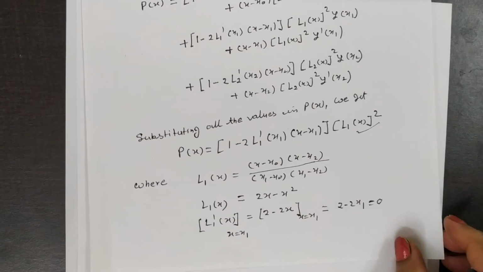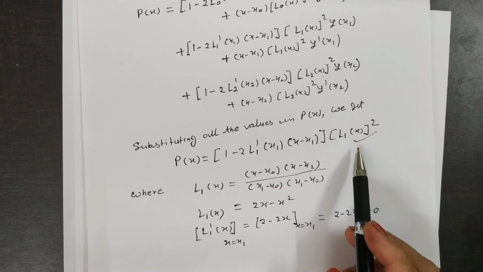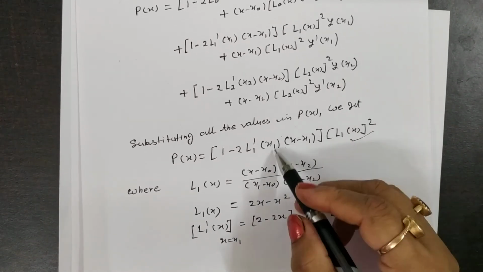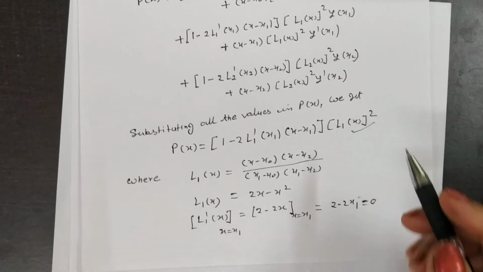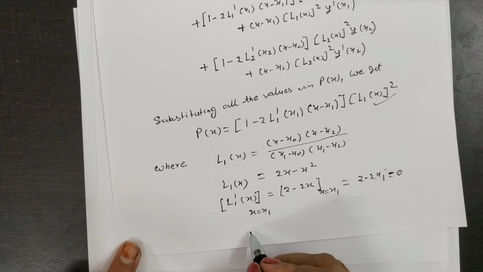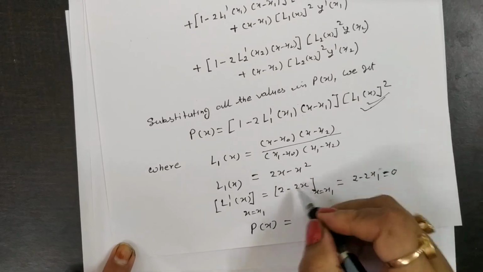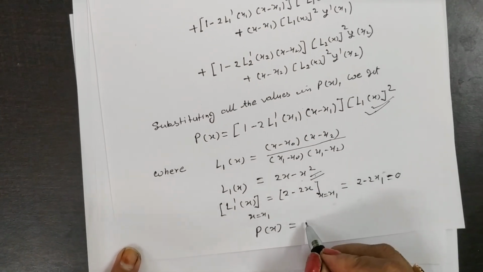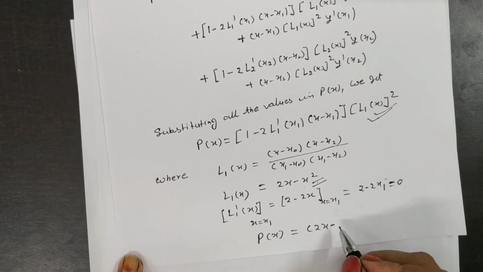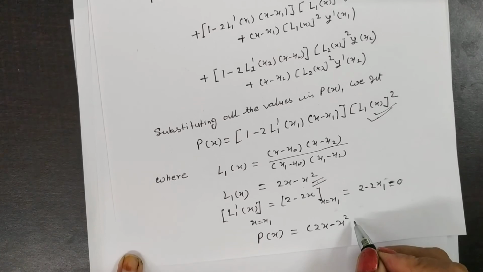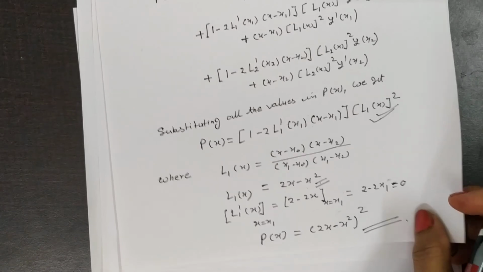So the factor becomes 1 minus 0, that is 1, multiplied by the remaining term. So p(x) equals (2x minus x square) whole square. This is the Hermite interpolation.